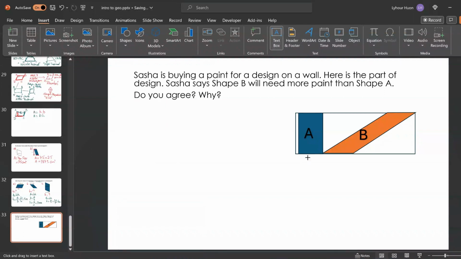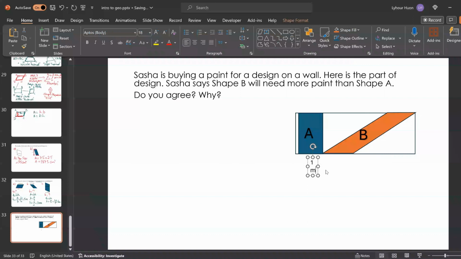Okay. This is polygon. This is 1 meter. 1 meter. The other one is 1 meter. Okay.